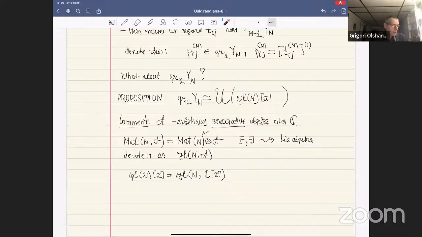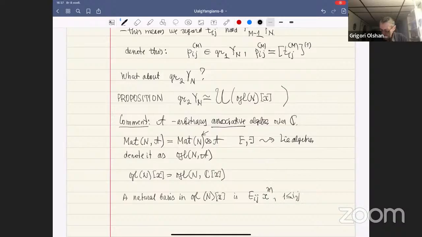How to see this? We have a natural basis in this object, in this Lie algebra, formed by the matrix units times the monomials.